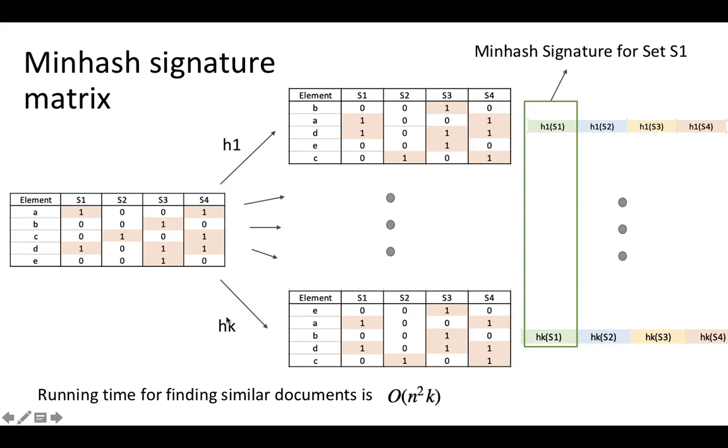Call the minhash functions determined by these permutations h1, h2, up to hk. From the column representing site S, construct a minhash signature for S: the vector of the first hash value of S, the second hash value of S, and then the kth hash value of S.